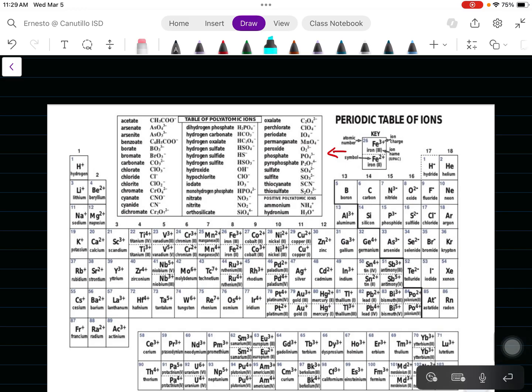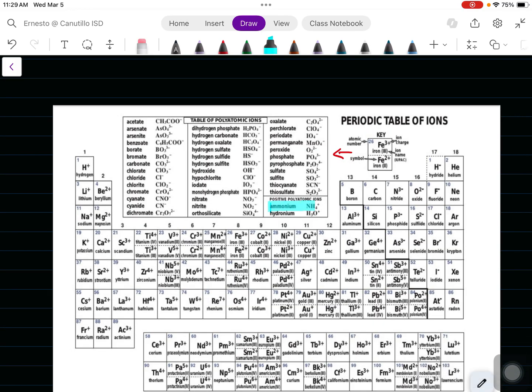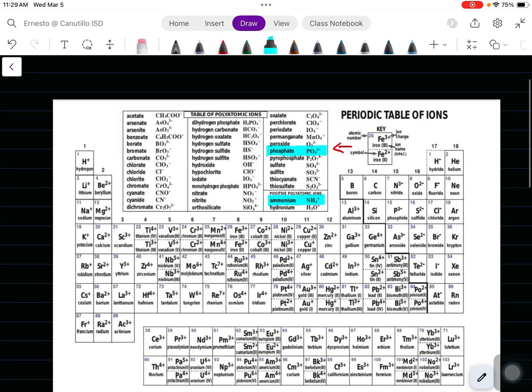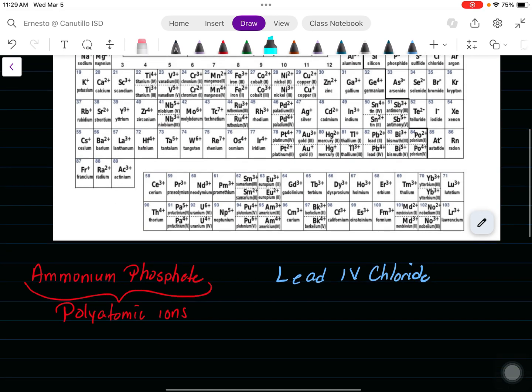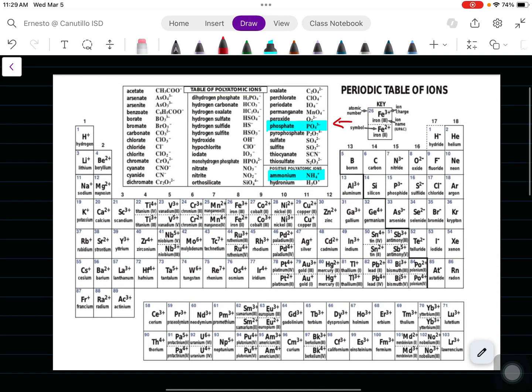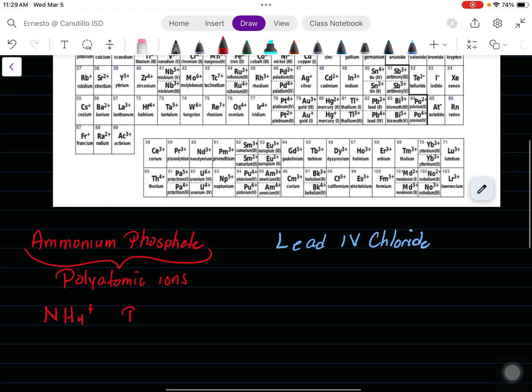Ammonium is here and phosphate is here. I'm going to write the chemical symbol for each one. For ammonium, the chemical symbol is NH4 plus, and for phosphate, it is PO4 3 minus.